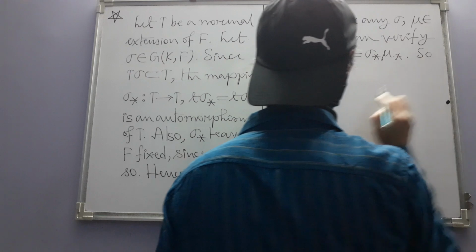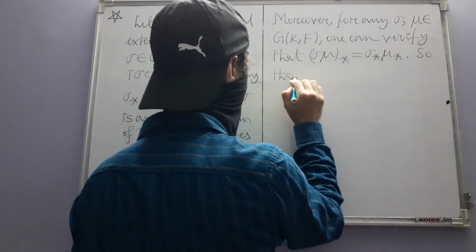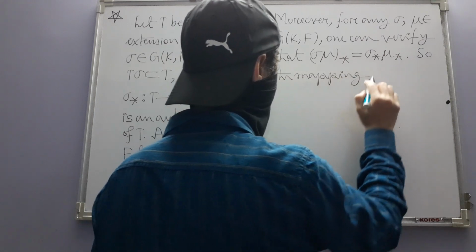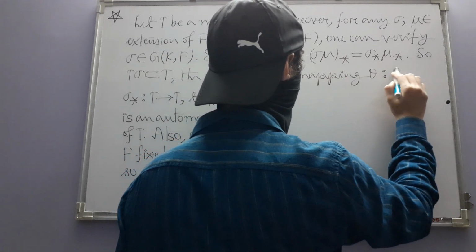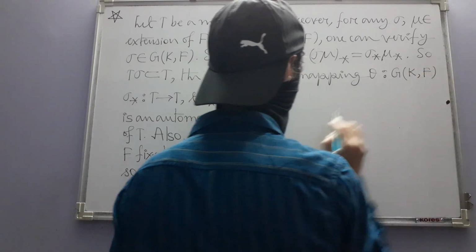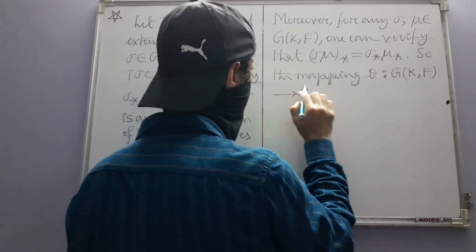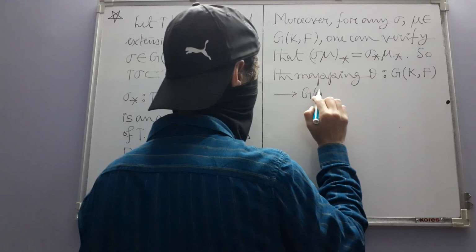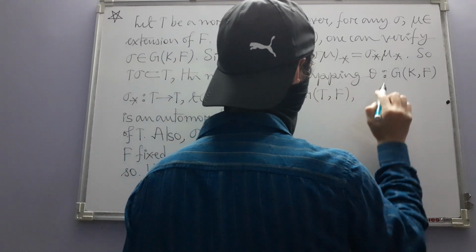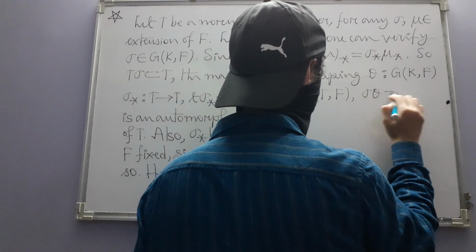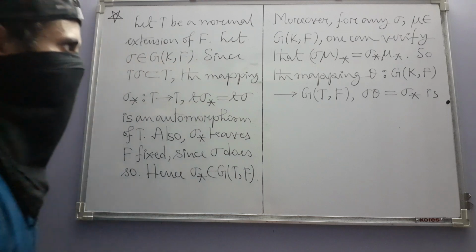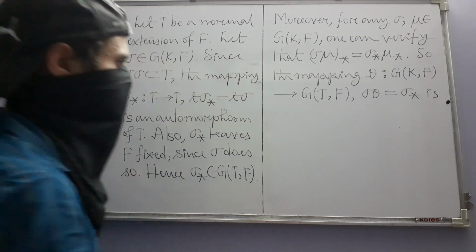So the mapping theta from the Galois group into this group G(T, F), given by sigma theta equal to sigma star, is a group homomorphism.